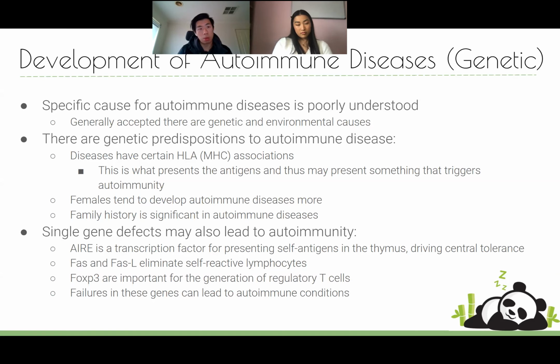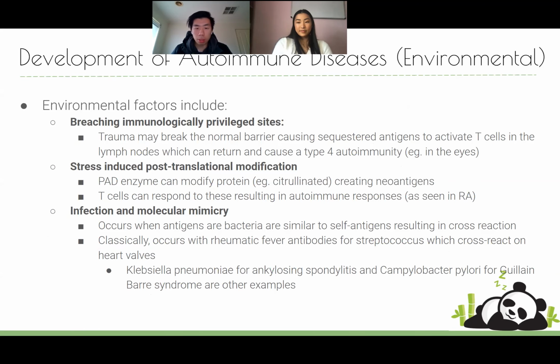So this is your rheumatoid arthritis, this is your ankylosing spondylitis, which are HLA B27 associations, and they will cause effects there. Females always tend to develop autoimmune diseases more, and your family history is also significant. Single gene defects can also cause it, as listed below. You can have a look at those in your own time. They're not that important.